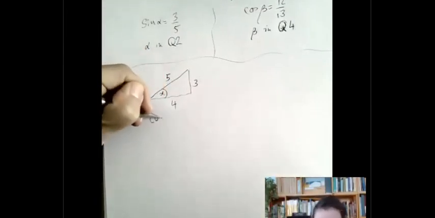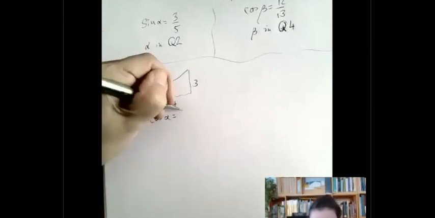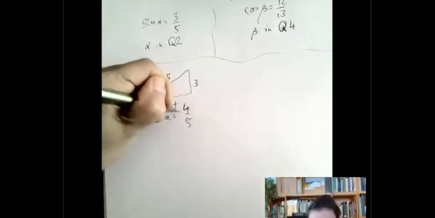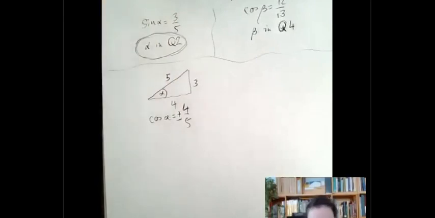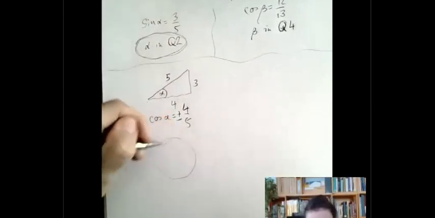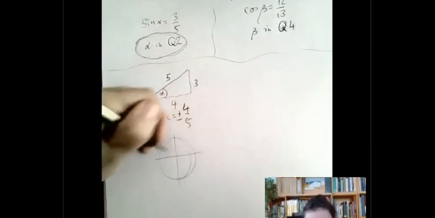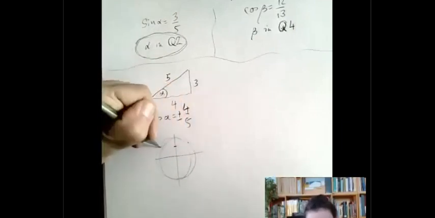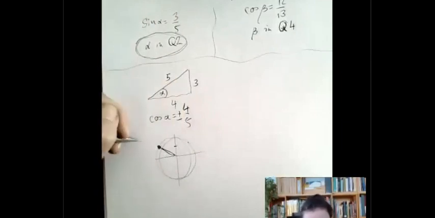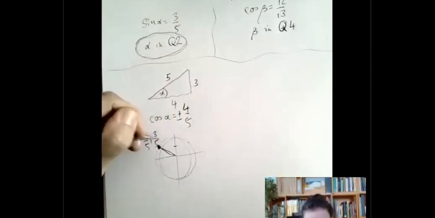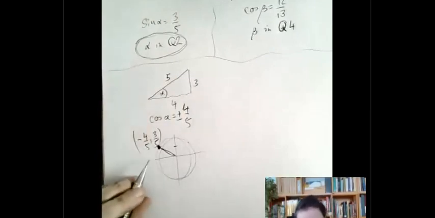And so cosine alpha is either 4/5 or negative 4/5. That's why this information is here. The fact that alpha is in the second quadrant means that the cosine is negative. So the two coordinates of this point are minus 4/5 and 3/5, right? That's cosine and sine by definition.